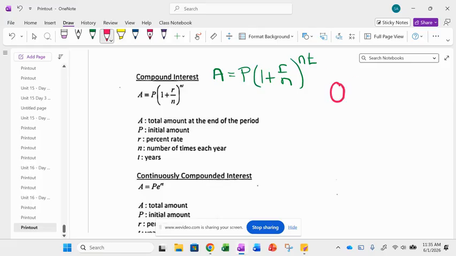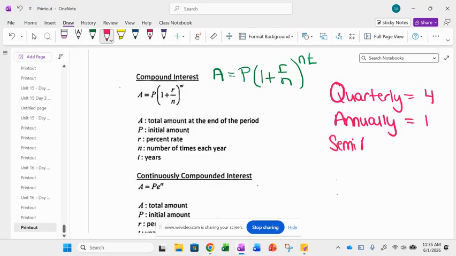So if I say quarterly, how many times a year would that be if we are compounding quarterly? You got it. If I say annually, once. What about semi-annually? Twice.